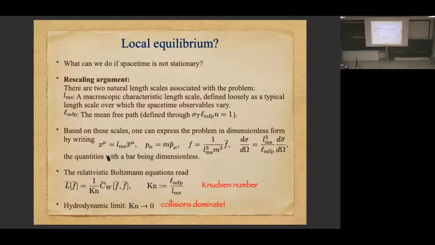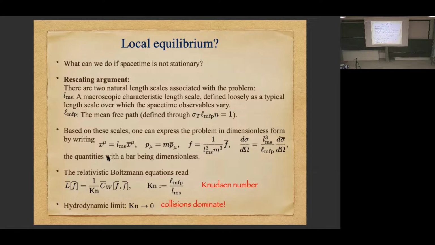And then there's a mean free path, which is like a microscopic length scale, if you want, so that you can define, say, by imposing this relation. So sigma t would be the total cross section and n the particle density, and then you can define this by this equation here. And now what you do, you rescale your variables in the following way. You rescale x mu using this macroscopic length scale, p mu just by the mass.